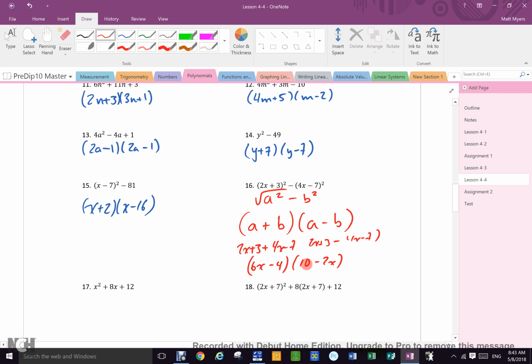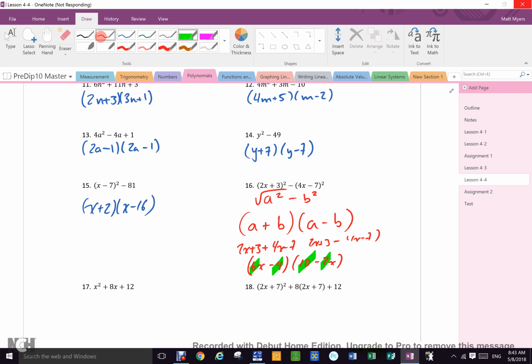Everybody cool to there? What do you notice about 6, 4, 10, and 2?